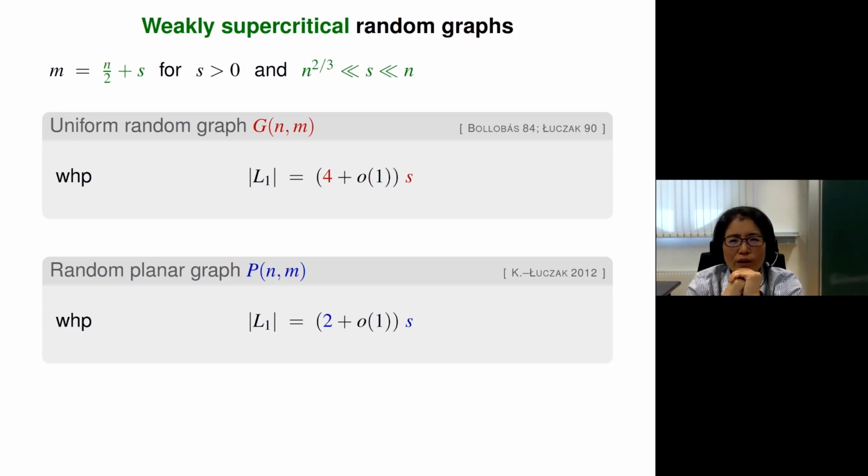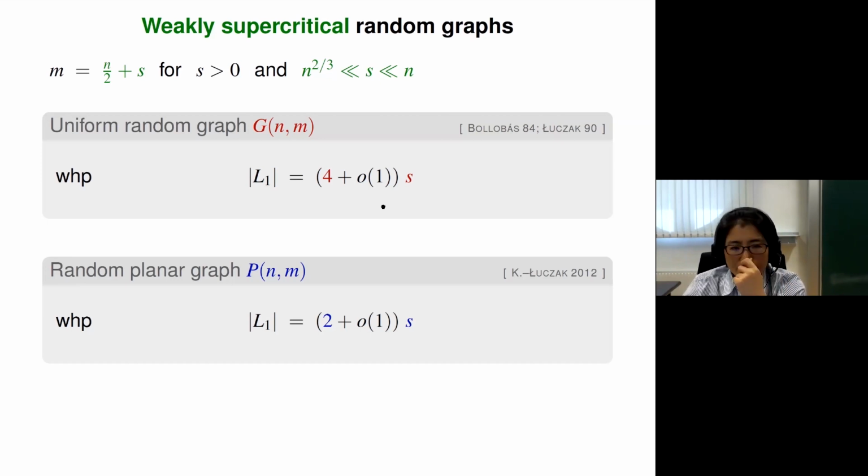Then a very famous and influential result by Bollobás and Łuczak says that the order of the giant component in the weakly supercritical regime is about 4 times s. Yeah, this s is the same s. The giant component grows 4 times this surplus, M minus n over 2 equal to s.